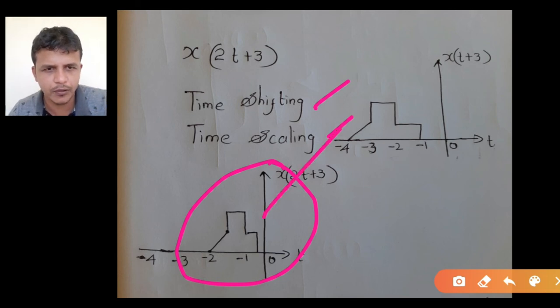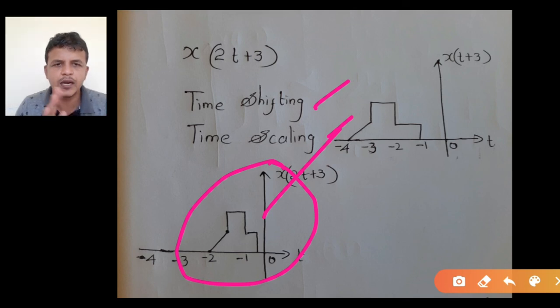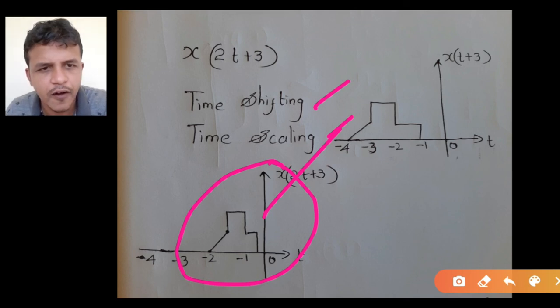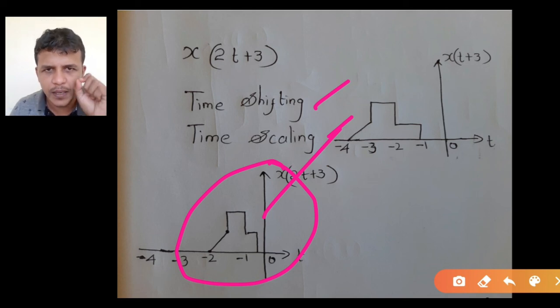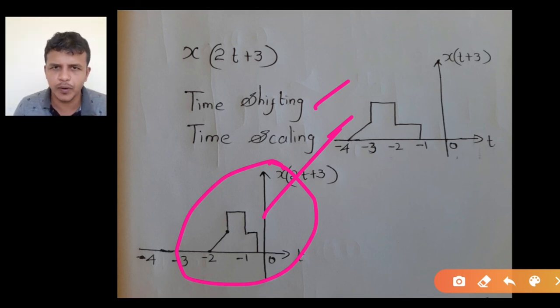When we apply time reversal to this signal, the thing is mirror image. So what is happening from -2 to -0.5 should happen from +0.5 to +2. From -2 to -0.5 we have a ramp signal, so after applying time reversal, from +2 to +1.5 we will have a ramp signal.